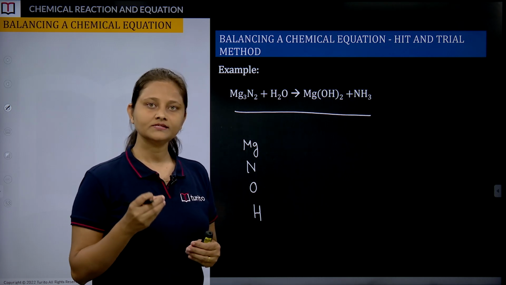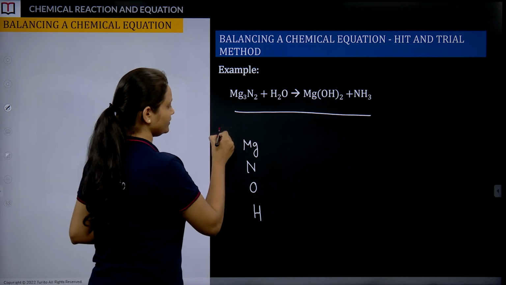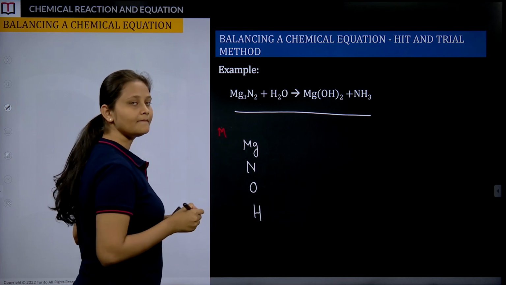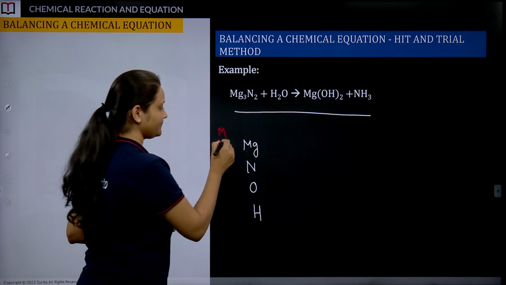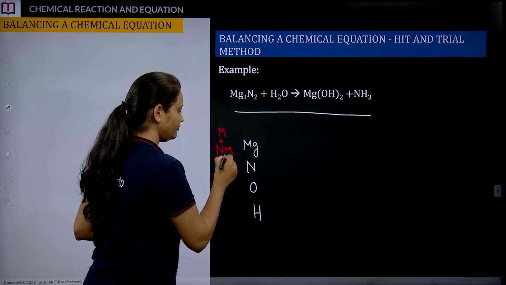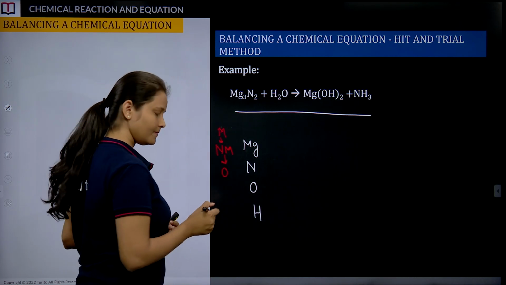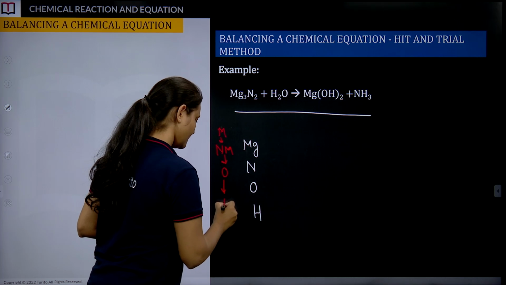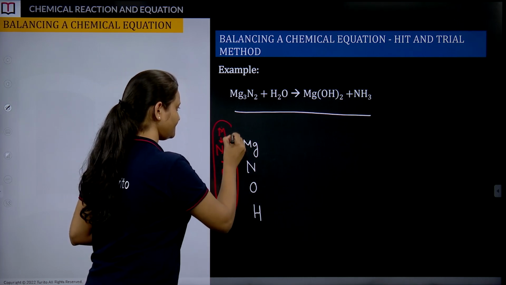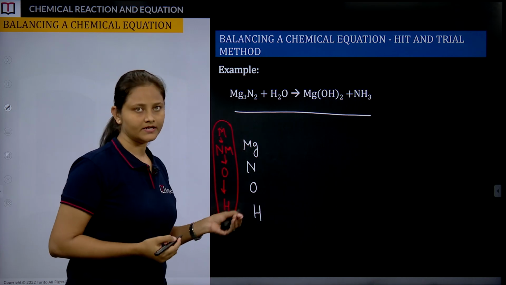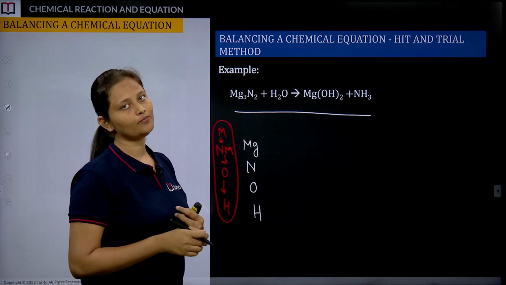Now there is a preference we need to give. First preference goes to metals, then non-metals. If I want to show, you try to balance oxygen atoms, then hydrogen atoms. This is advisable, a kind of trick you may consider, that always try to balance metals first, followed by non-metals.